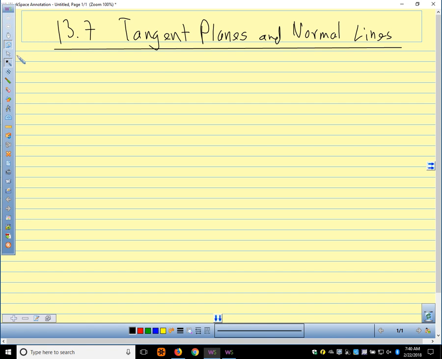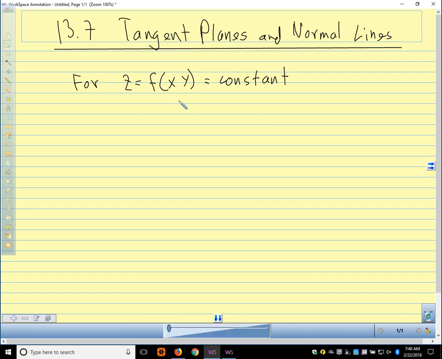So we have talked about the idea that for z equals f of x, y equals a constant. So when we say f of x, y equals a constant, we get level curves.